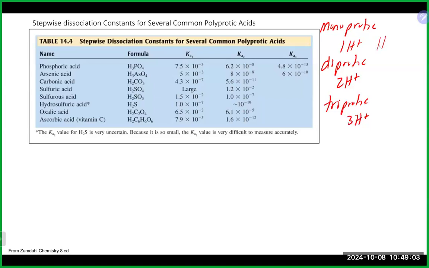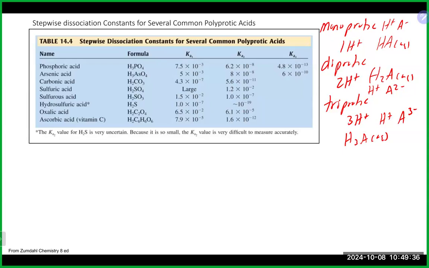If you ever need a formula, you could use a generic formula like HA for monoprotic. That's H plus and A minus as the ions present. You could use H2A for a diprotic, which is H plus and A with a -2 charge. And you could use H3A for triprotic, which is H plus, and the A has a -3 charge, which is why there are 3 hydrogens.